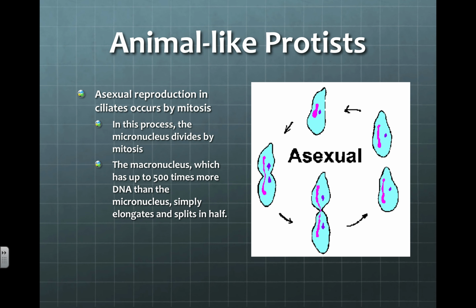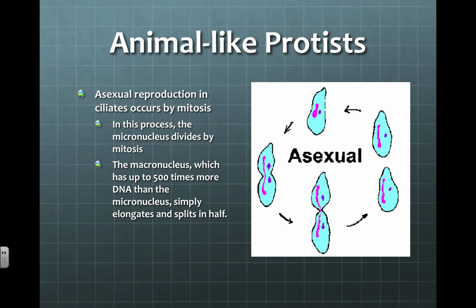But the macronucleus doesn't do that. It's got a whole lot more DNA, and so what happens to it is the macronucleus just elongates itself, and then you can see here the cell just splits in half, and then we're going to end up with two new cells over to the right.